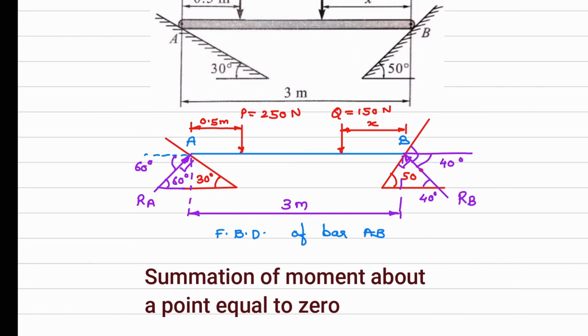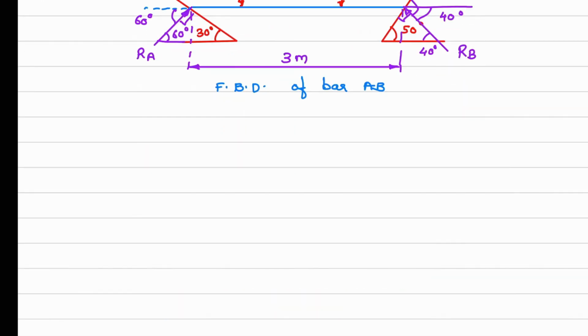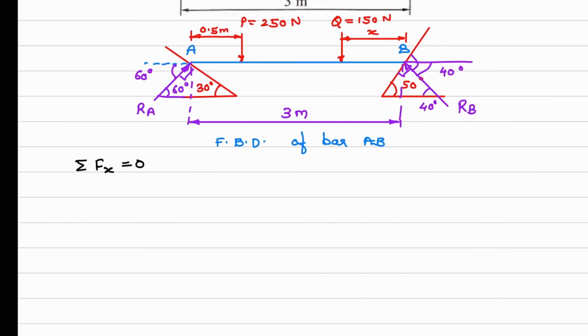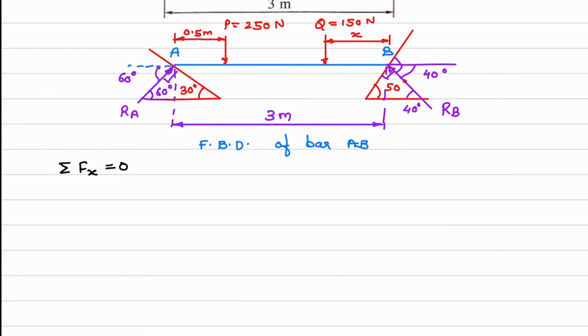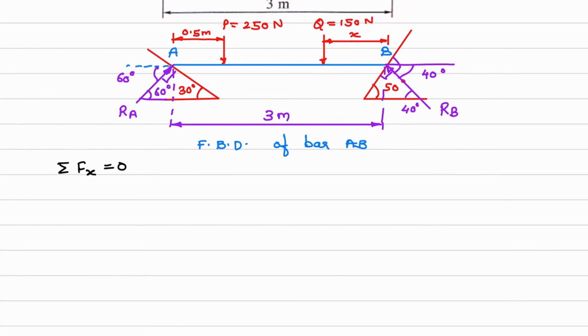Okay, so I will write down the first condition: summation Fx is equal to 0. Now you have to add all the forces in the x direction. So what will that be? If you consider RA, the x component of RA will be towards the right. And the angle with respect to horizontal is 60. So it will be plus RA cos 60.